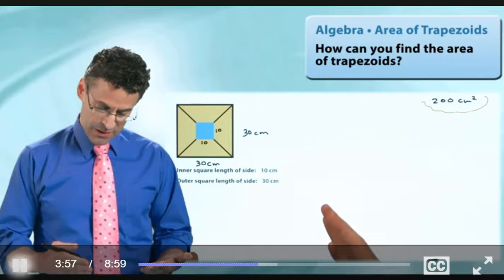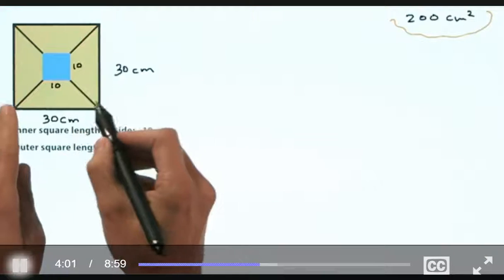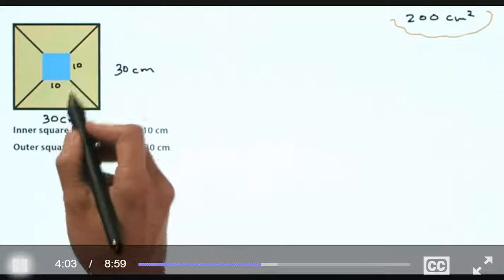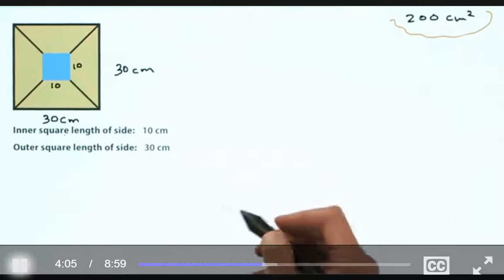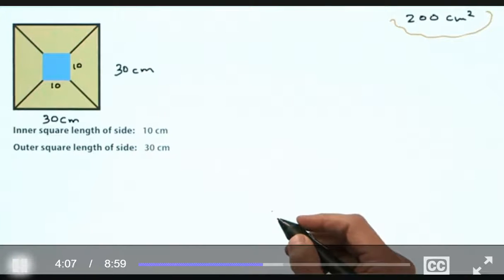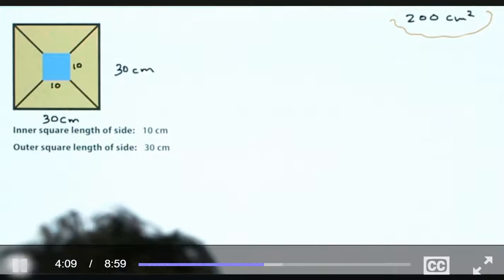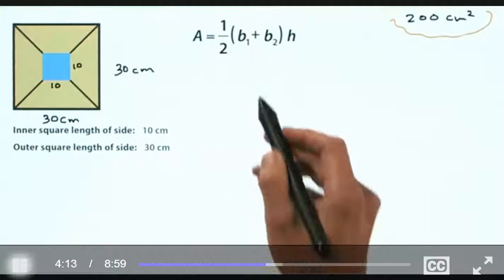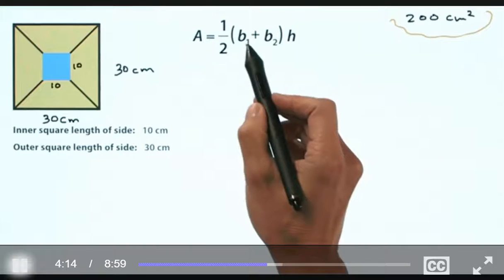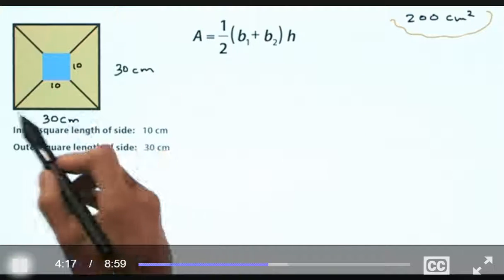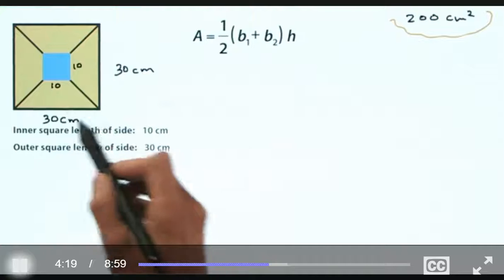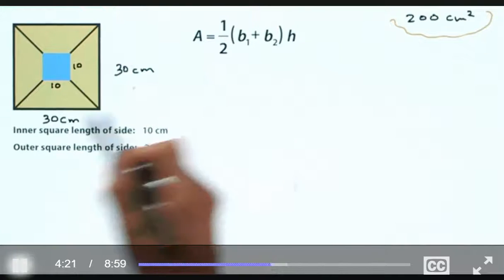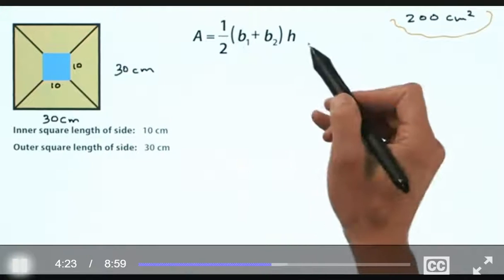Basically, you think of it like a rectangle, where you take the average of the top and the bottom and multiply it by the height. So we have this great formula, which says that the area is 1/2 times the length of the bottom base plus the length of the top base, and you multiply by the height.